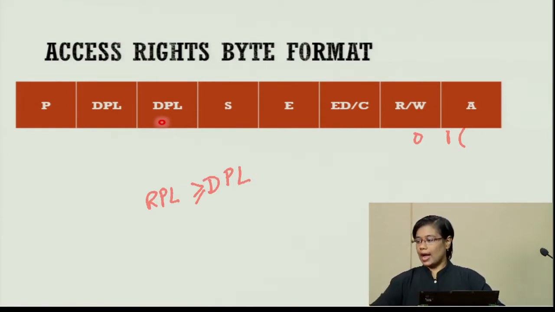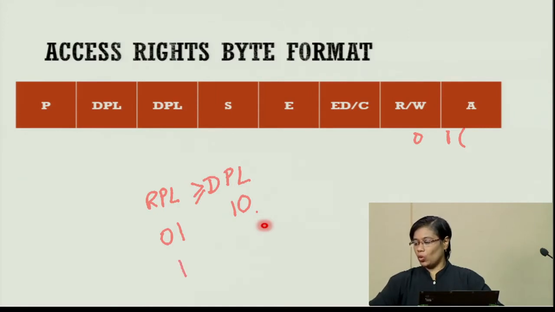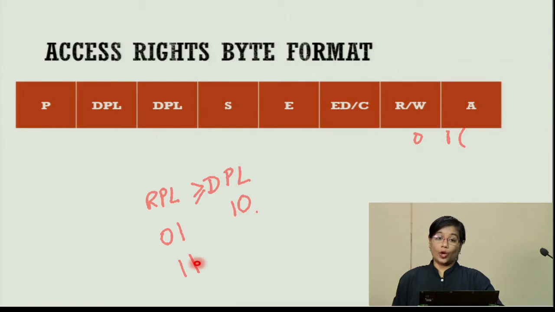So if the RPL is 01 and the DPL is 10, the privilege level of the RPL is greater than the DPL privilege level. Since it is greater than the DPL, access will be allowed. But if the RPL was 11 and the DPL was 10, in this case the request privilege level is lesser than the DPL.